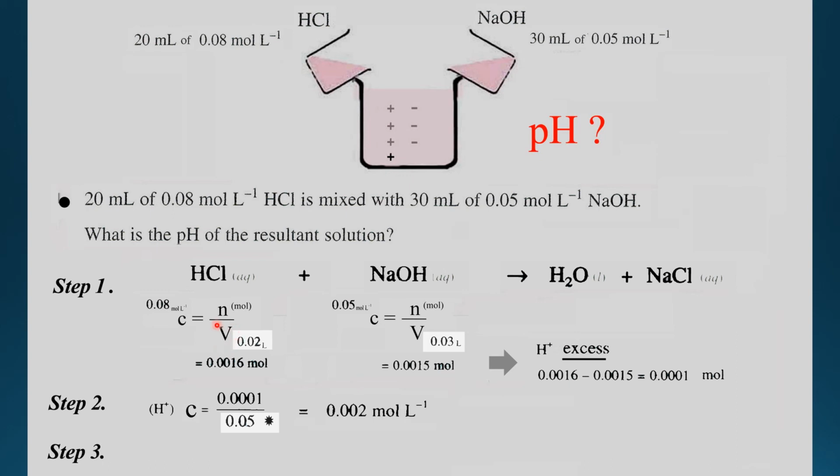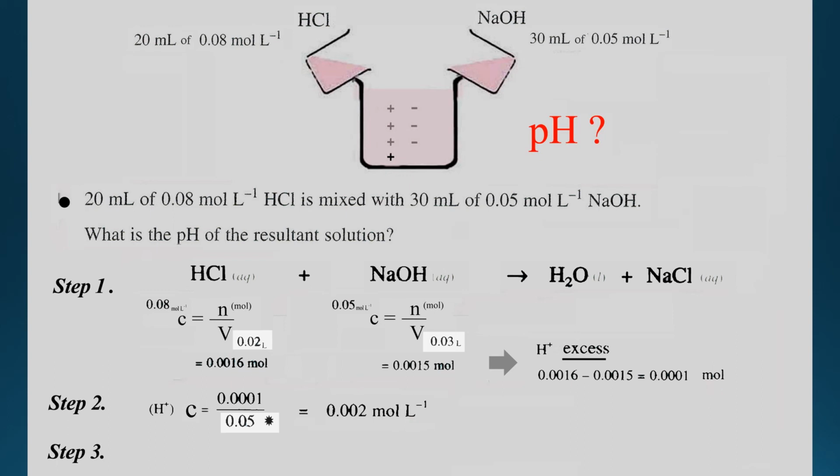So now you have n over V, so you're on mole per liter. Earlier you were on mole.